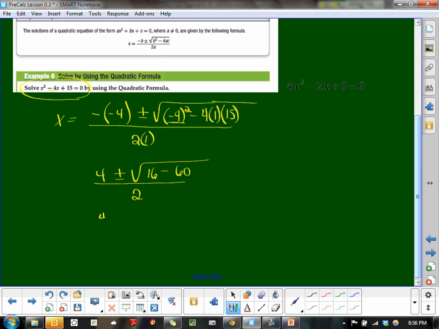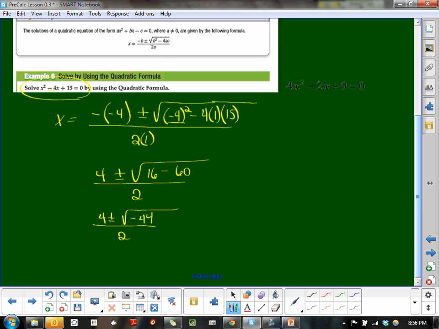So now we have 4 plus or minus the square root of 16 minus 60, which is a -44, all over 2.